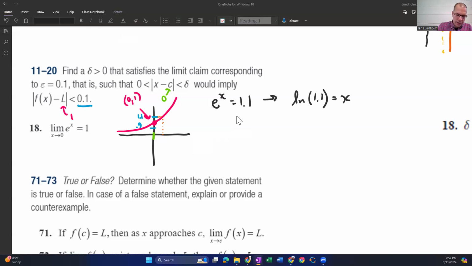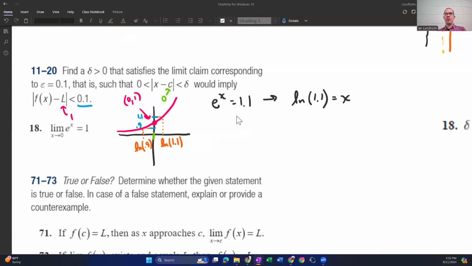And so this x value is the natural log of 1.1 on the right. And if we follow the y value of 0.9, we'd actually be headed to the left, and then we head down. And likewise, this would be the natural log of 0.9 over on the left.